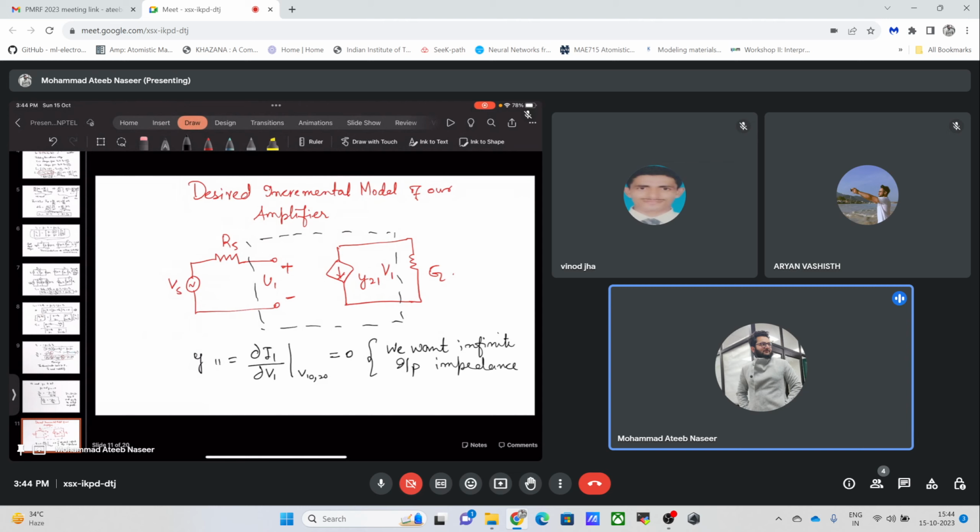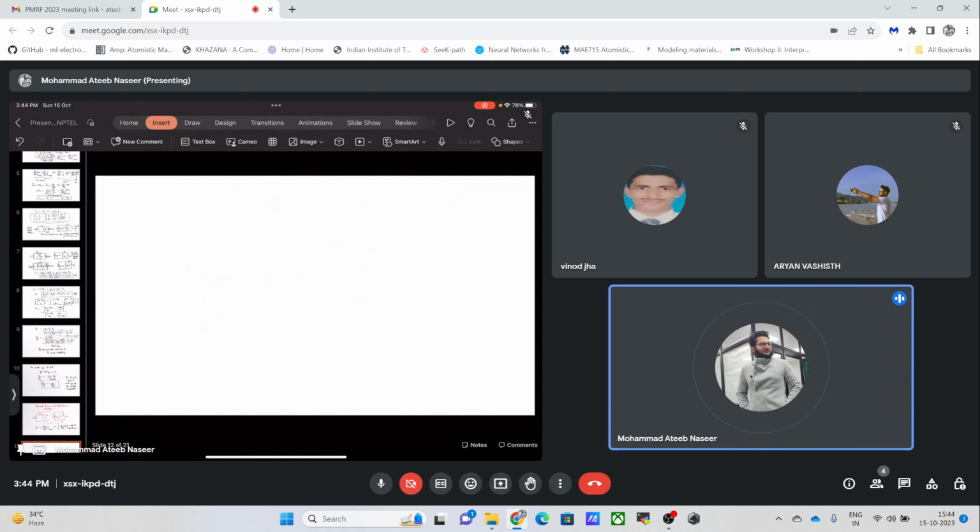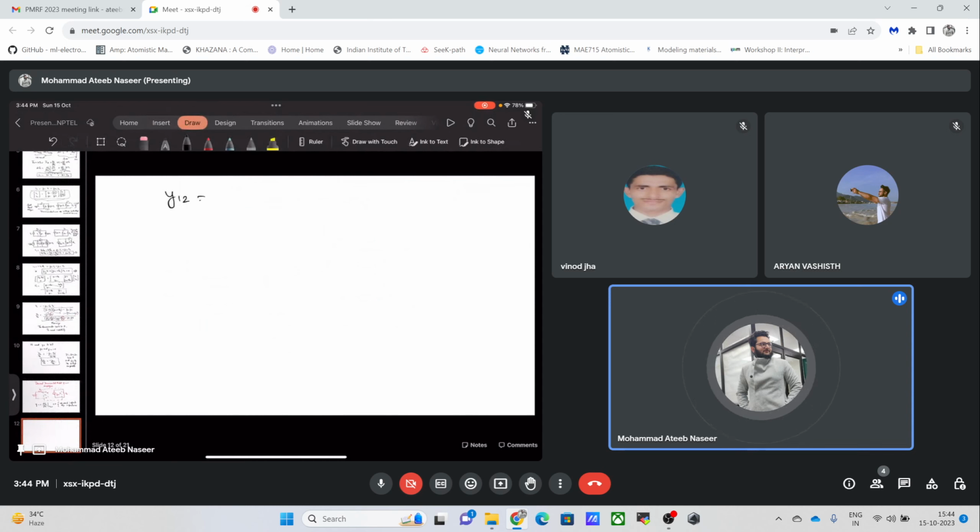Similarly, we want y12, which is di1 by dv2 at V10 and V20, to be equal to 0, because we want to eliminate the intrinsic feedback from port 2, 2 dash, to port 1, 1 dash.